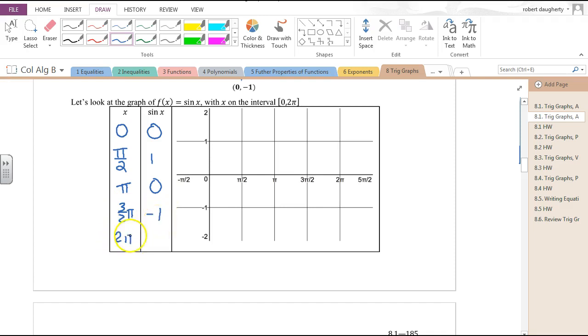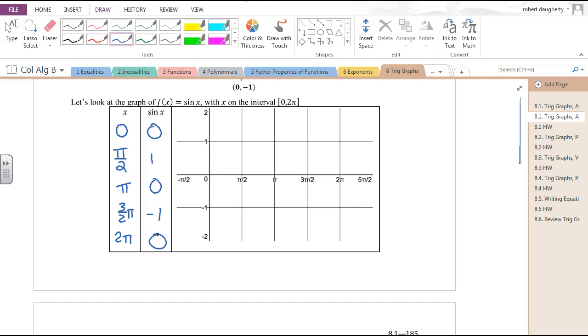And at 2 pi, what is the y value? Y value is 0. Okay? So all I did was go all the way around the unit circle. The y value was 0, 1, 0, -1, and 0. And this is what I'm going to graph.